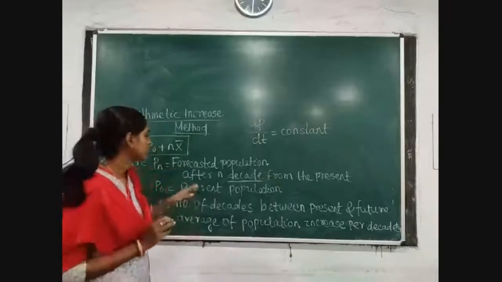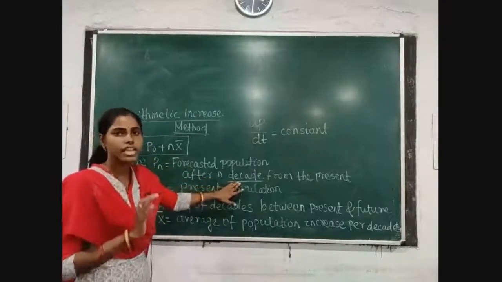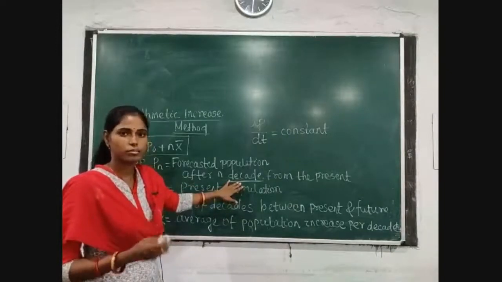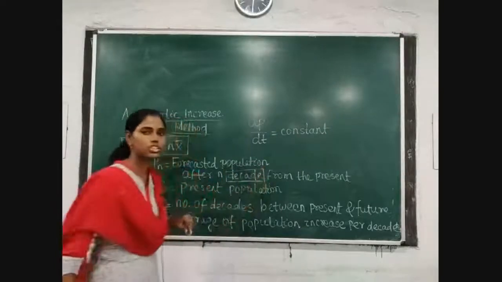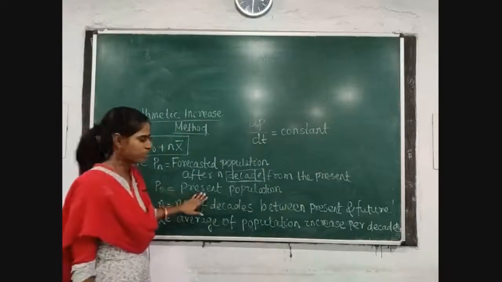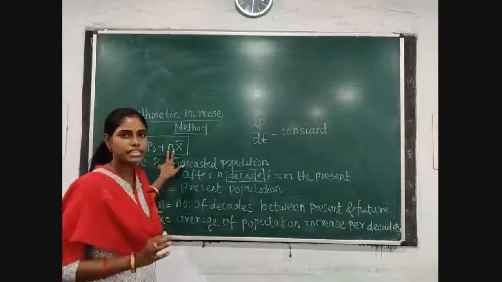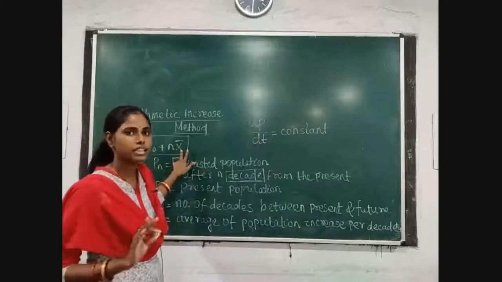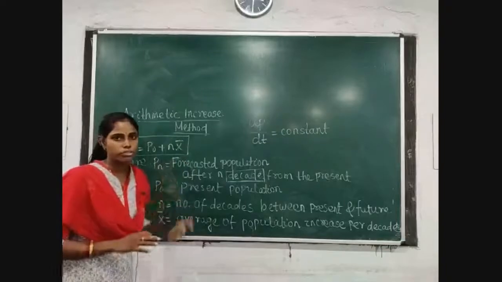A decade means a time interval of 10 years, and during population forecasting this decade is considered as 1 unit. P0 stands for the present population, N stands for the number of decades between present and the future, and x bar is the average increase in population.